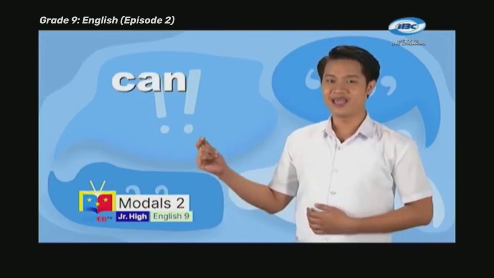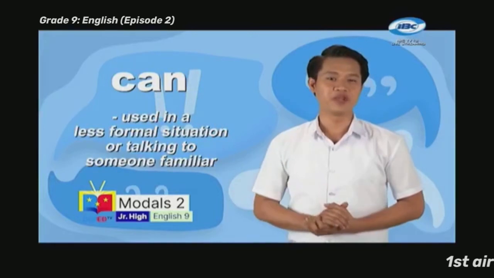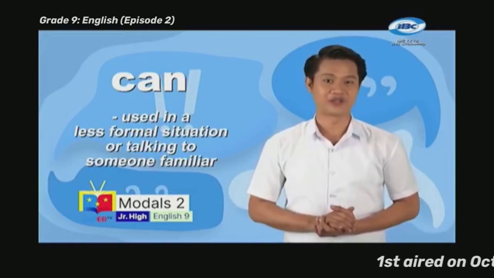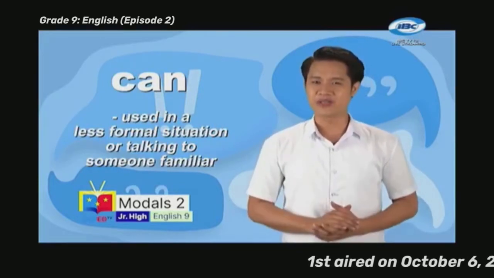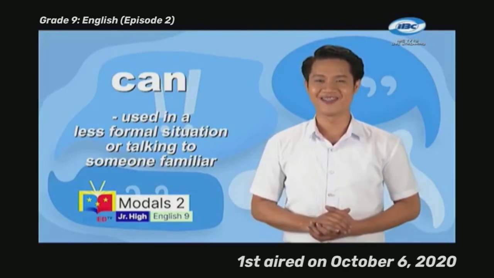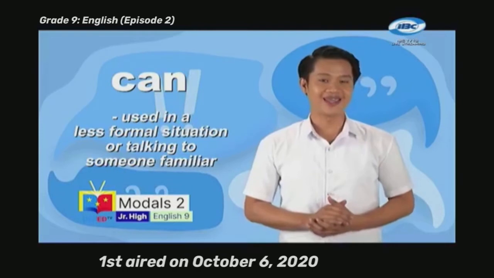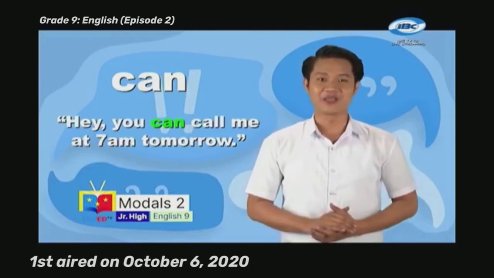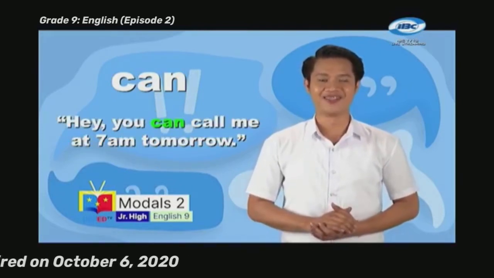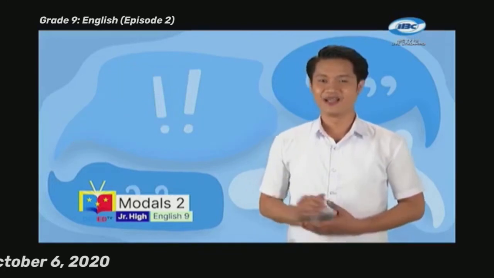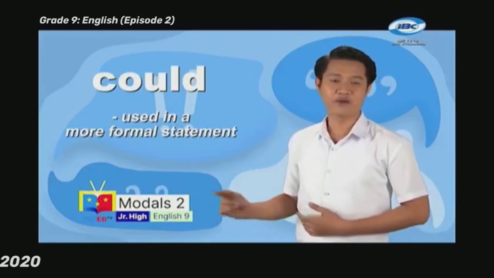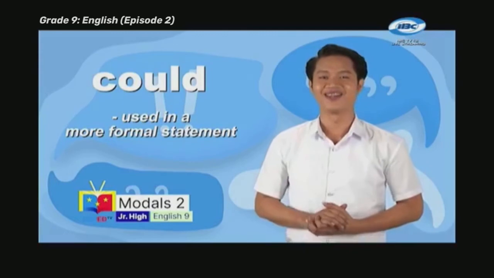Can is a modal used when we are in a less formal situation or when we talk to someone familiar to us. When we are talking to a friend, we can say, "Hey, you can call me at 7 a.m. tomorrow." Could offers a more formal statement.